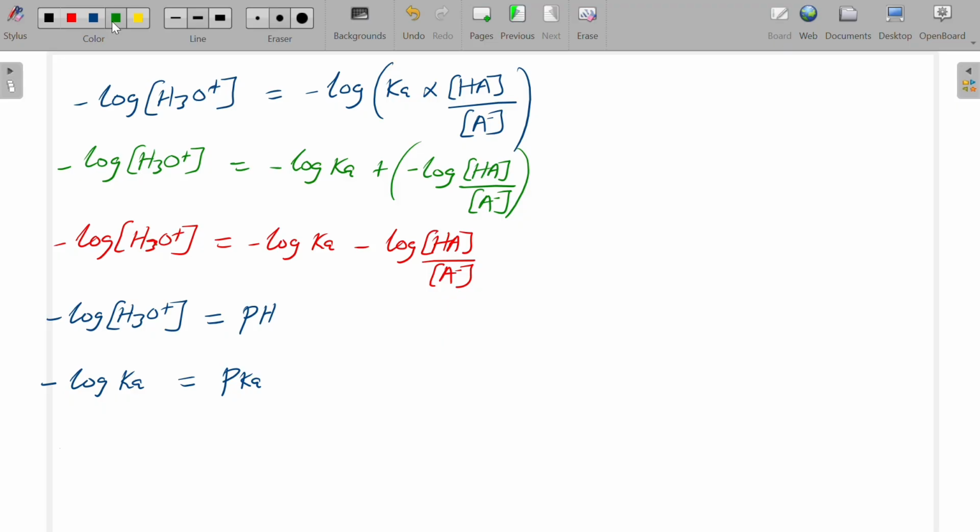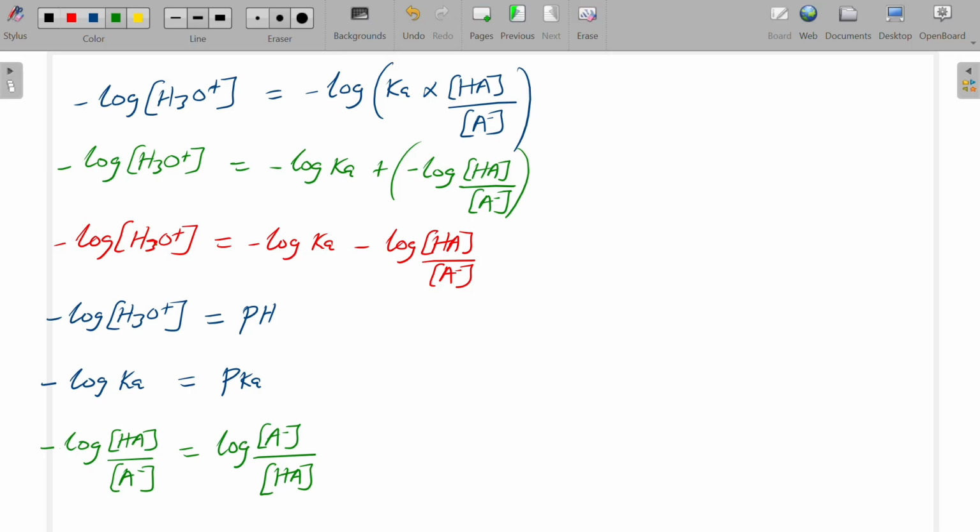All right, so what we are going to have is negative log of HA concentration divided by A minus concentration. This is the same as log of A minus concentration divided by HA concentration. Yeah, so that's what we have.